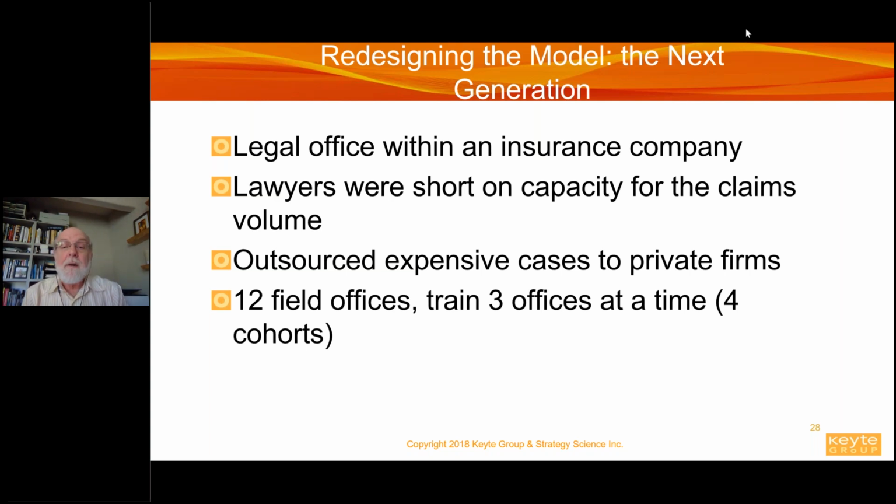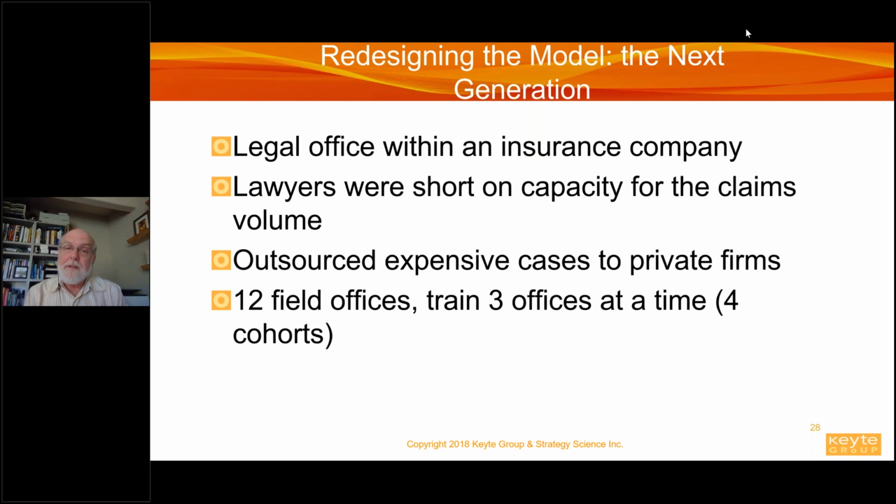So they were short on lawyers, they couldn't hire enough, and they ended up outsourcing expensive cases to private firms. So they kept the easy ones, the ones they could settle, but the really hairy ones, the ones that get expensive and take lots of time, they gave to expensive external counsel. It was costing them a bunch of money.